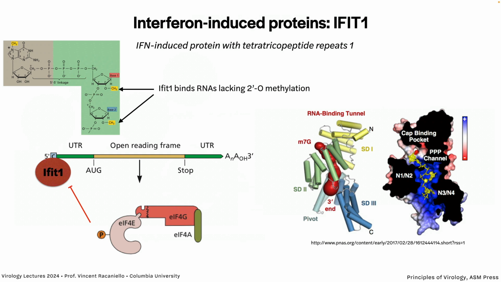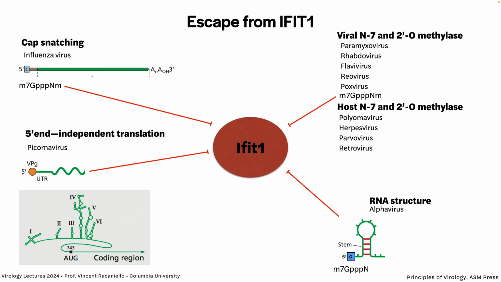And on the right is a space-filling model where you can see there's a channel in the IFIT protein that the RNA fits in, and it locks itself very tightly on it, so it can't be translated. So this protein will basically stop the translation of any RNAs with a 2' O methylated cap, which includes host RNAs too. So that would make the cell sick, but you have to make a decision, what you're going to save. However, viruses get around this, right?